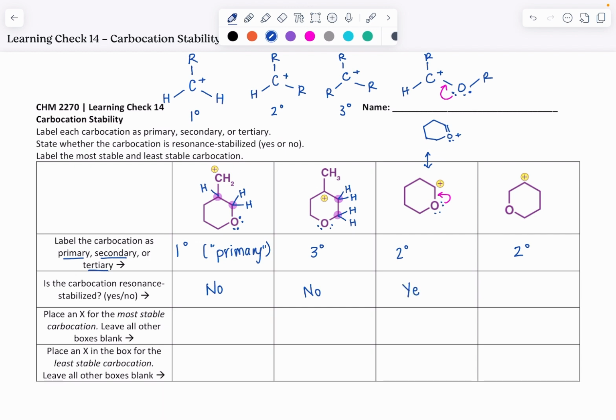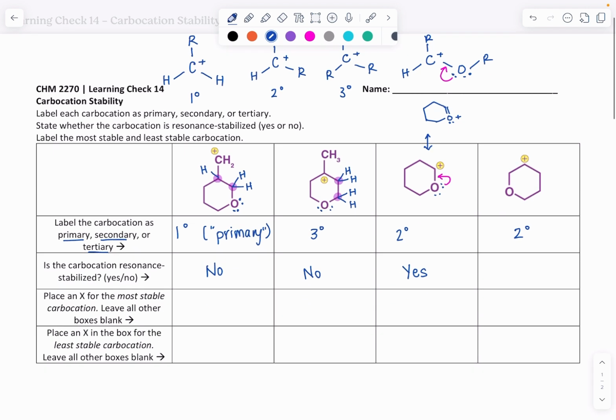This is possible because the sp2 carbocation is adjacent to the oxygen with lone pairs, or the atom with lone pairs. All right, lastly, we have, again, oxygen with lone pairs. Between the carbocation and the atom with lone pairs, we again have an sp3 carbon that's preventing the resonance of electrons. So this is not stabilized by resonance.